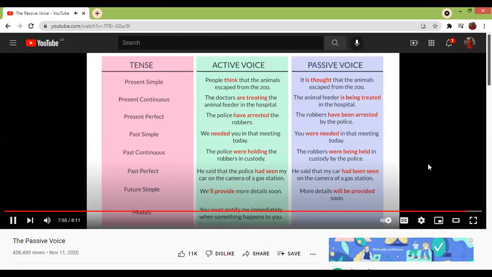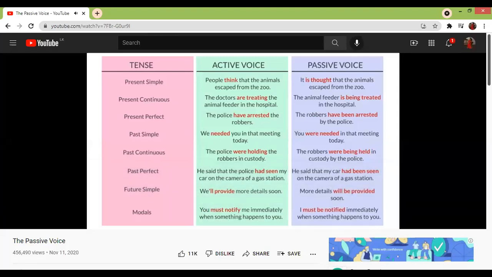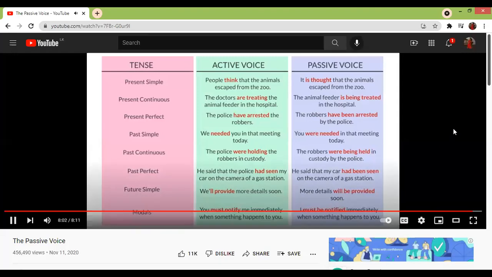You must notify me immediately when something happens to you. I must be notified immediately when something happens to you. Yes. So if you think about the modal verbs, in active voice, you must notify. That means you have to tell me what is happening.